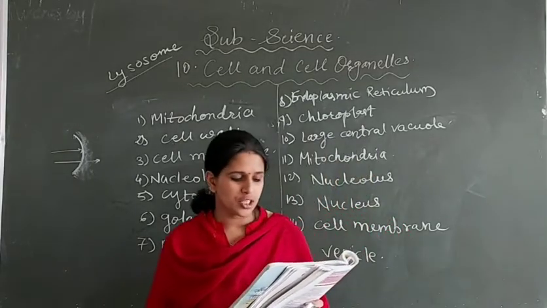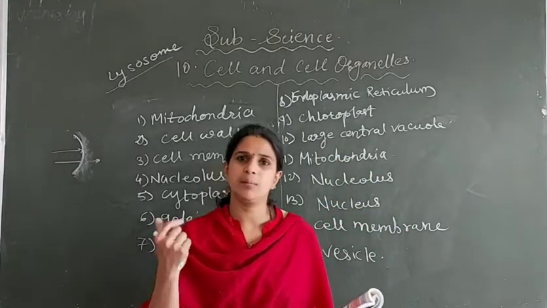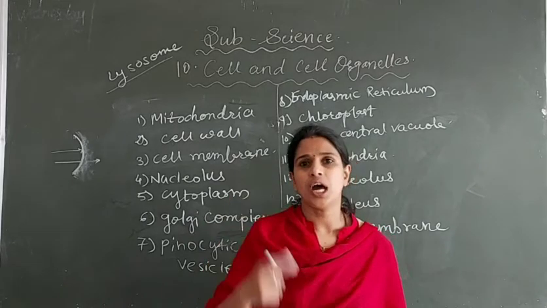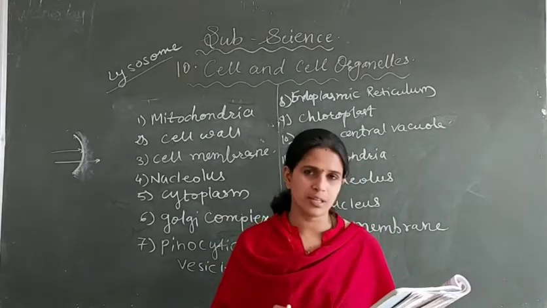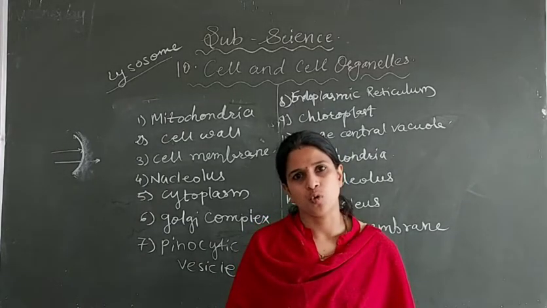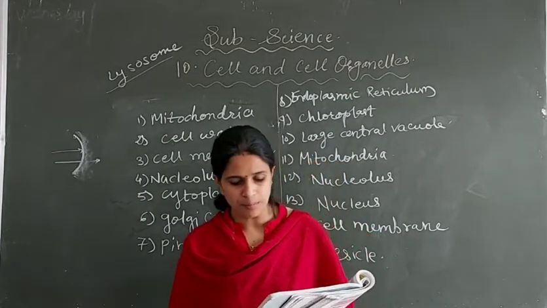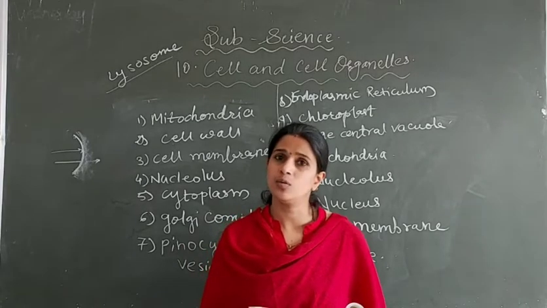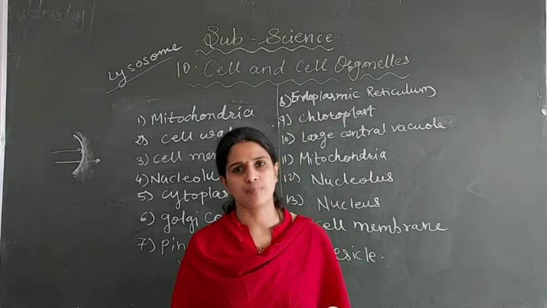Next point is you have to draw the components of animal cell and plant cell, one chart which is given on page number 67. That chart also you have to draw and you have to fill that chart also as I told you the answers. Okay, so these things you just write down and send to me on my personal WhatsApp number.